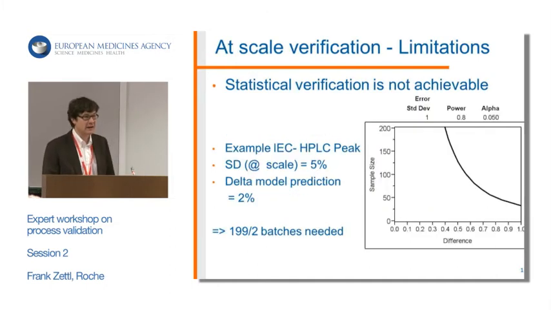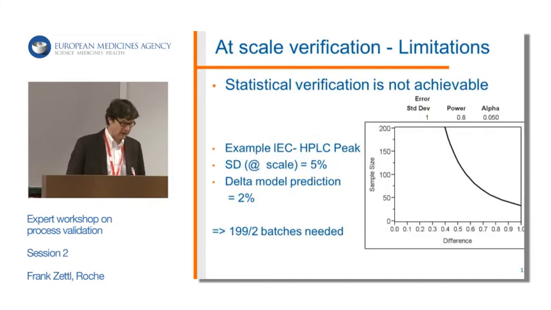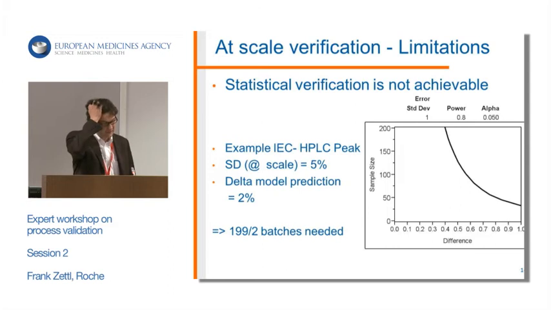And this is another thing. I think it's important to have this in mind when we speak about verification of a design space at scale. Imagine here, this is a sample size calculation or evaluation. Let's assume that there is an IEC HPLC peak where we have an at-scale SD of 5%. You can say this is high or low or it's appropriate, I don't know, it's just a number that I put in here.